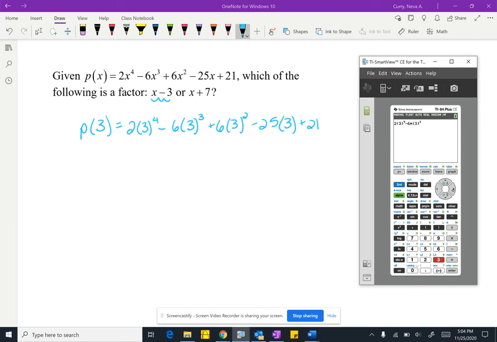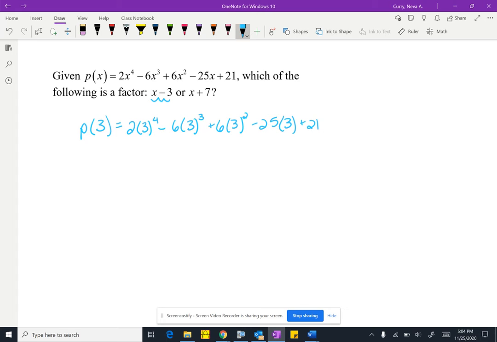I guess I'd be more careful with parentheses if the 3 was negative, but it's not. Plus 6 times 3 squared, and then minus 25 times 3 plus 21. And the answer it gives me is 0, which does mean that x minus 3 is a factor.